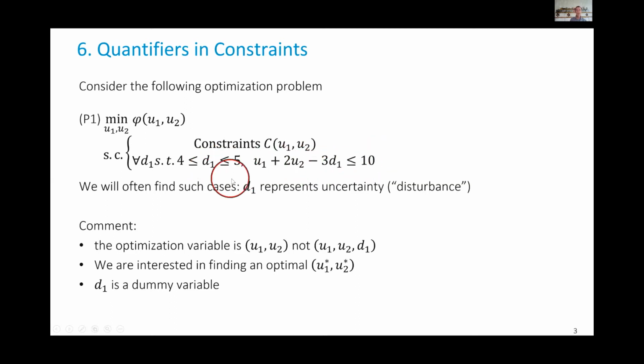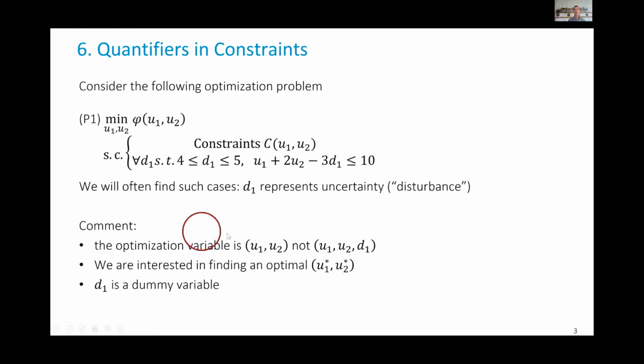In this context, d1 is called a disturbance, and it typically represents uncertainty. So it is not an optimization variable in the sense it is not something that we can act upon. We can think of it as a value that is given by external forces, by nature, if you want. So we need to choose two parameters, u1 and u2, that satisfy a constraint that is in some sense not totally known.